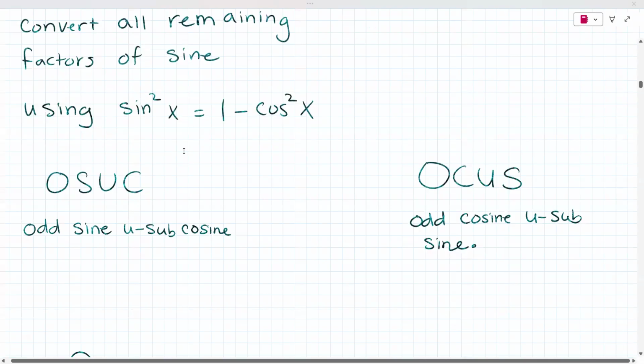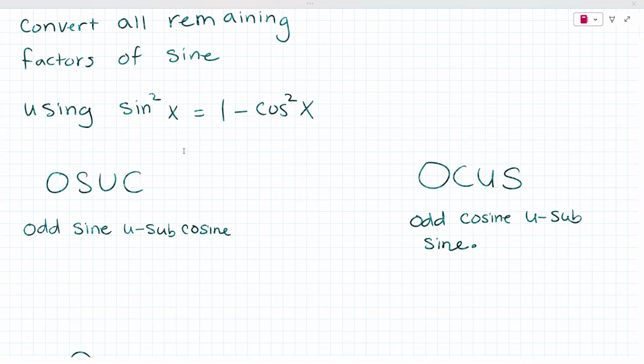There's a little riddle. I don't know if this will help, but OSUC, it means if your odd is sine, your u substitution will be cosine. And you can use the riddle OCUS, meaning if you have an odd cosine, your u sub would be sine.